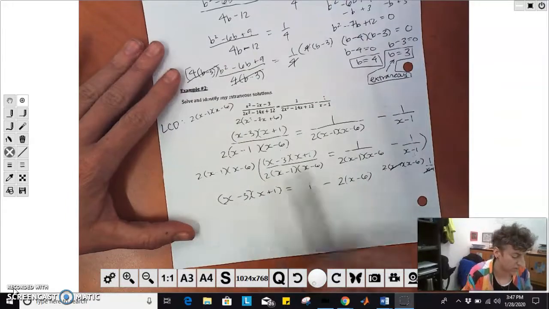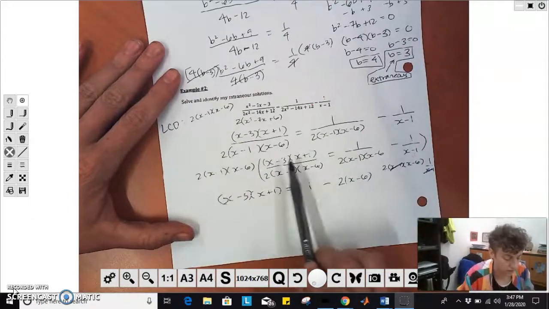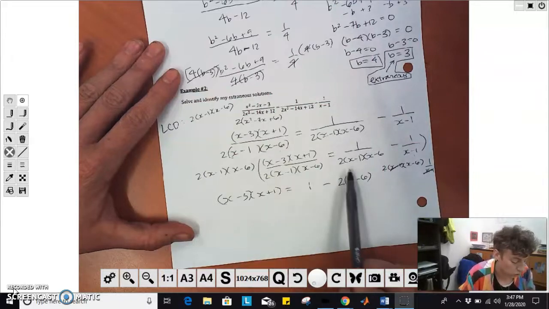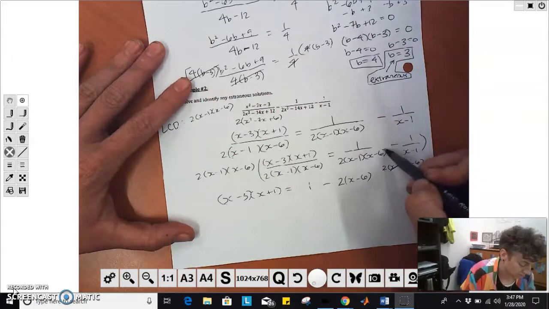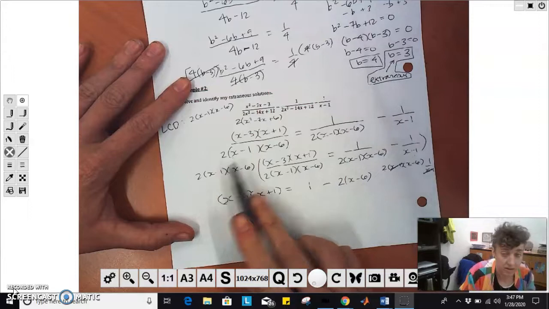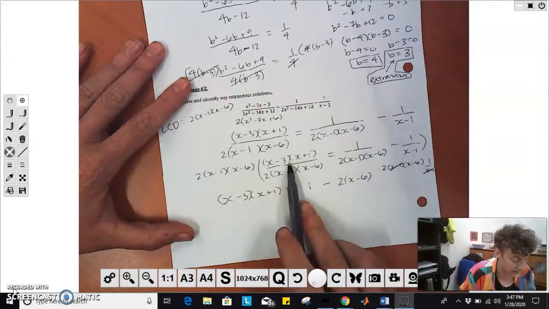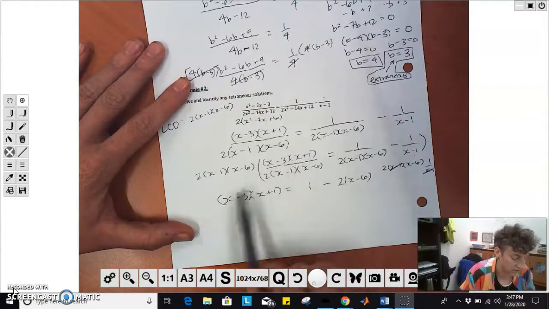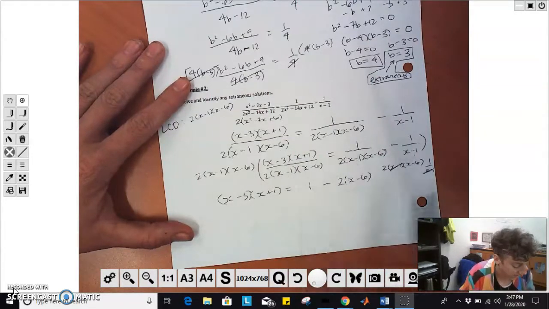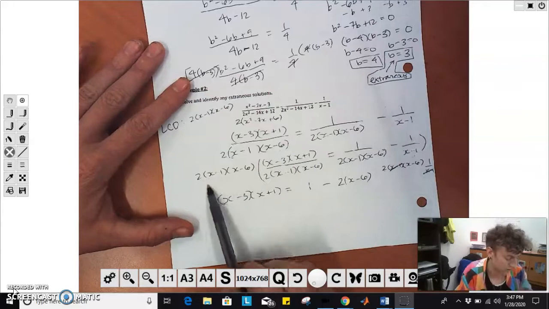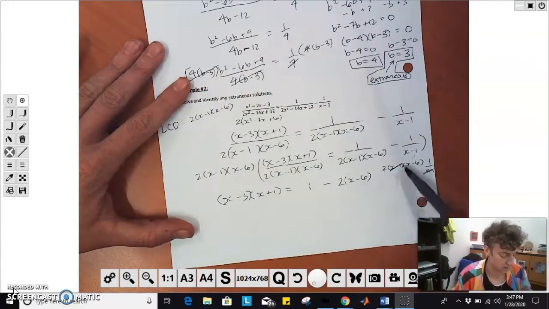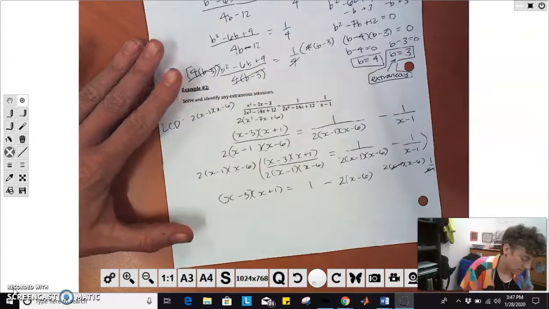So again, we multiplied by the least common denominator to every single term. These denominators were our least common denominator, so when we multiplied by it, they canceled out. So I just had the numerator left on the left side of the equation, 1 here. And then I actually wrote out what we were multiplying with that last fraction so you could see that the x minus 1s were going to cancel. Okay.